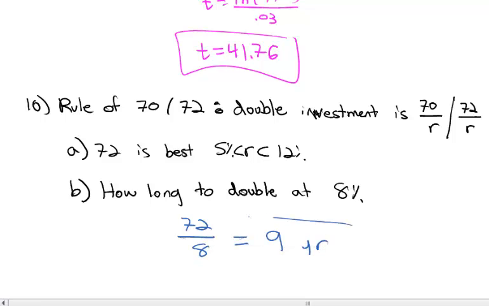It's going to take about 9 years to double your money at 8% interest. And again, that's just an estimate. It's not very mathematical. It's just kind of giving a preview to the mathematical way to answer that question, which we're going to see in tomorrow's lesson.